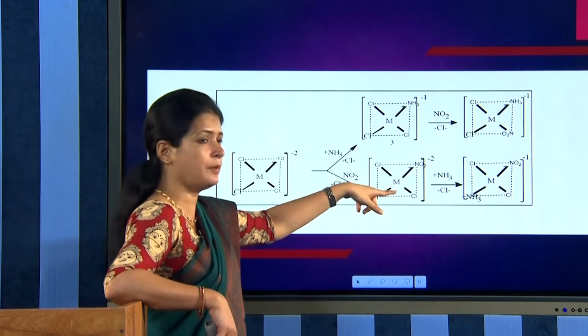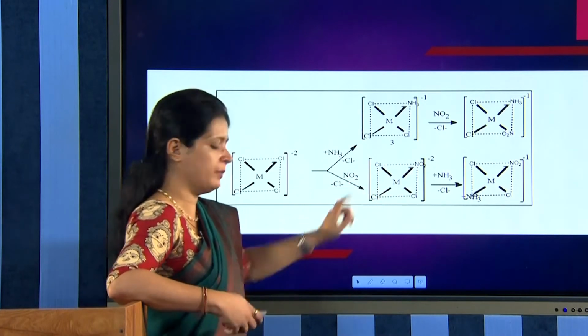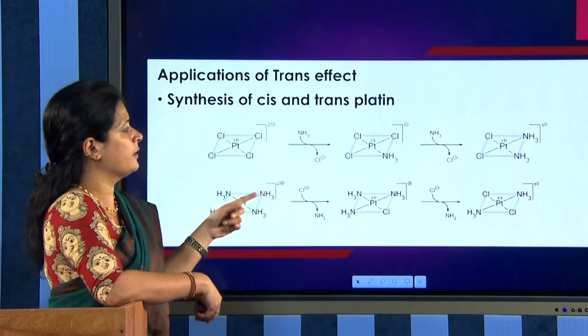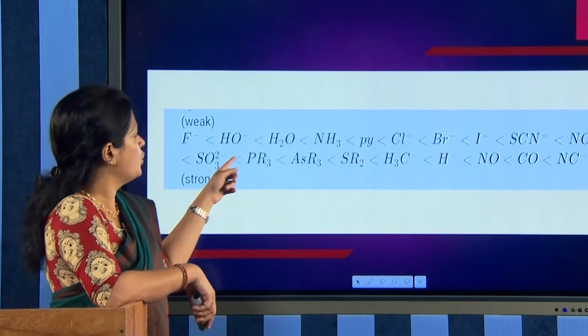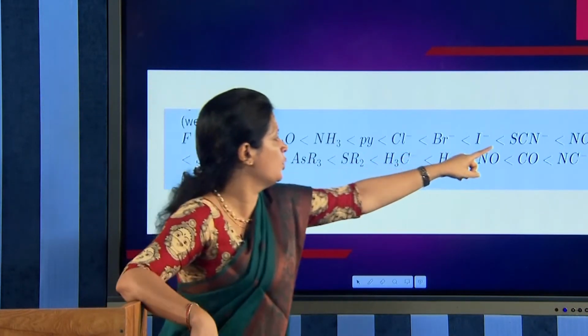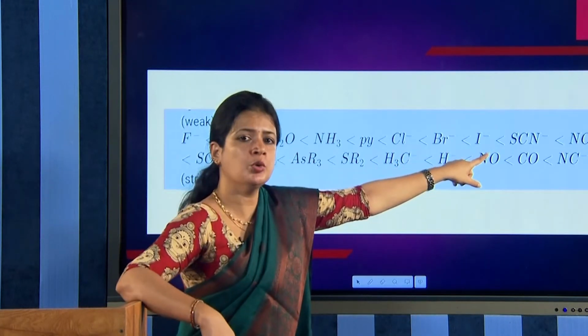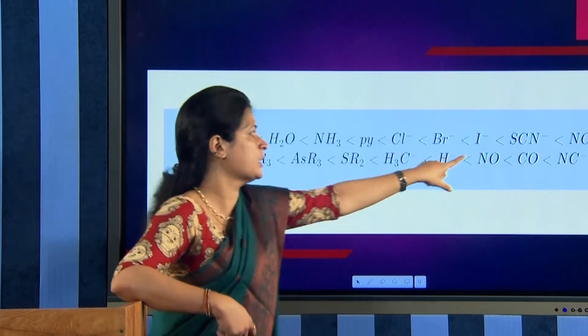Which are the types of ligand? It is NO2 and Cl minus. Which is having greater trans directing ability? NO2 is having the greater trans directing ability.